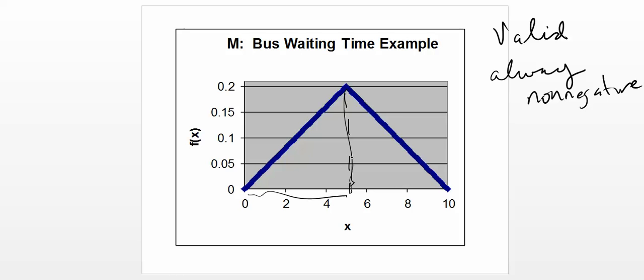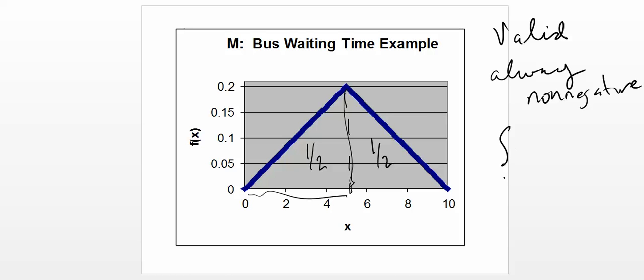So we have 5 times 0.2, which is 5 times 1/5, that's 1. But we also have 1/2 because it's the area of a triangle, so that has an area of 1/2, and the other triangle is exactly the same. It too has an area of 1/2.